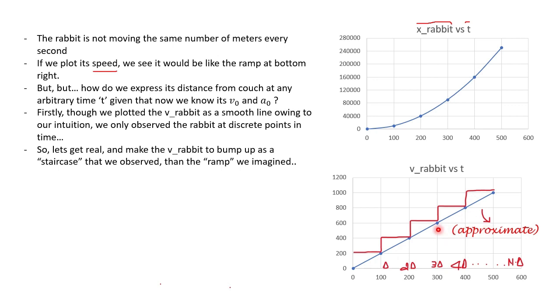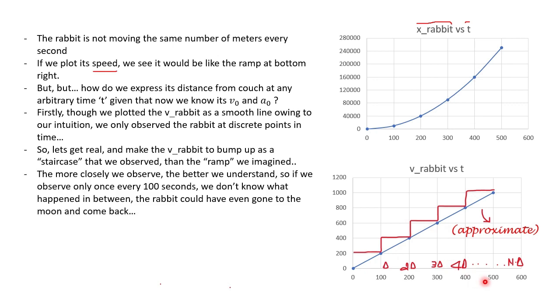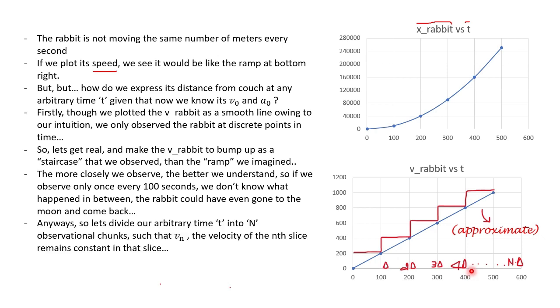We don't know what happened in between. How did it get from 400 to 600? Did it get there smoothly this way, or did it just jump up that way? So the more closely we observe, the better we understand. If we observe only once every 100 seconds, we don't know what happened in between.